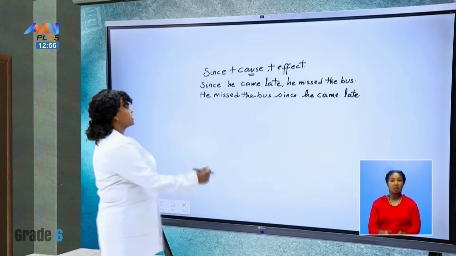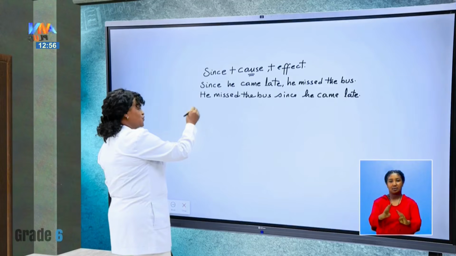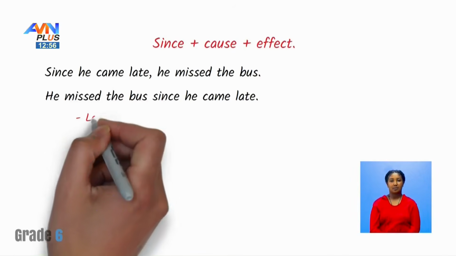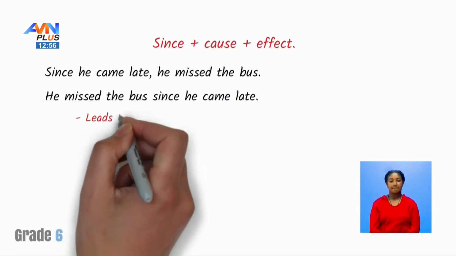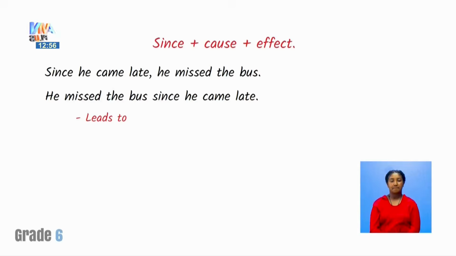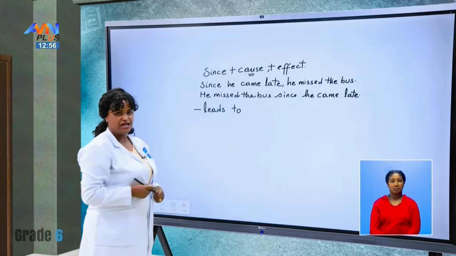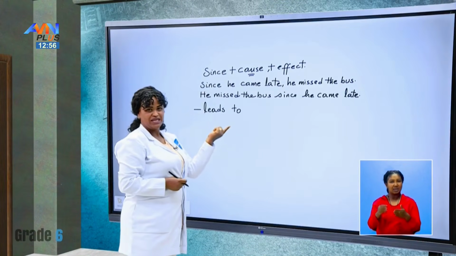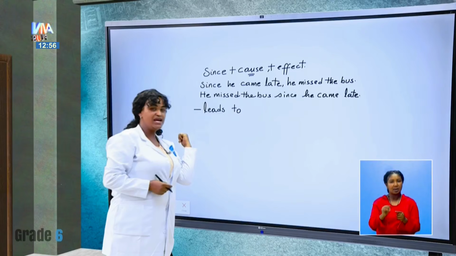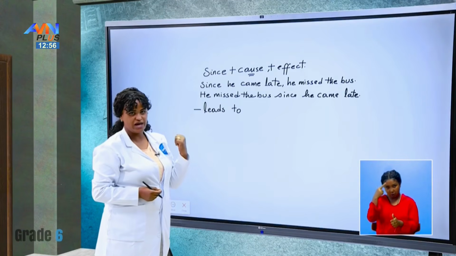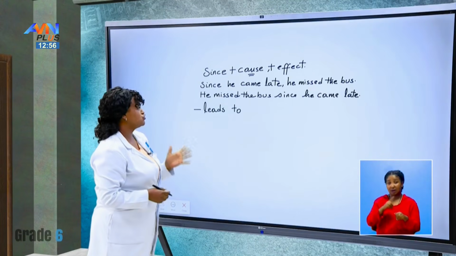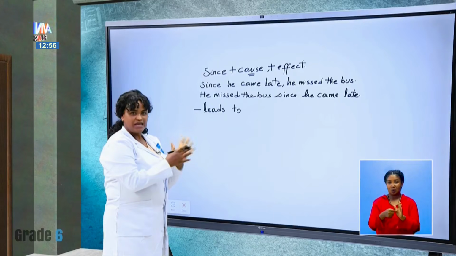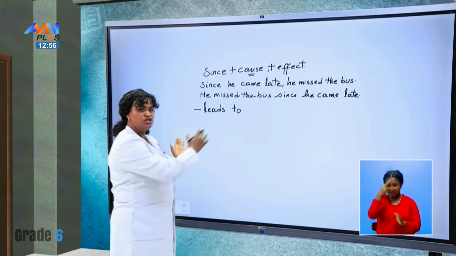Let me show you another way. Leads to. Obviously, leads to is preceded by the cause. All right? Because this time we're going to show what? Yes, the reason and the consequence.